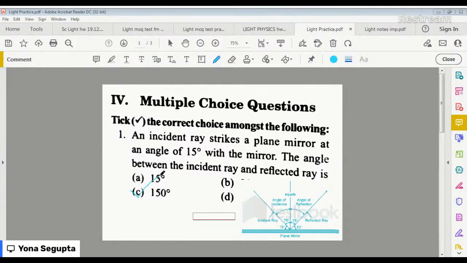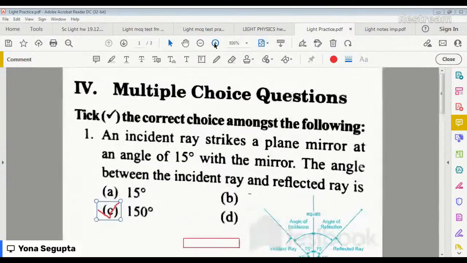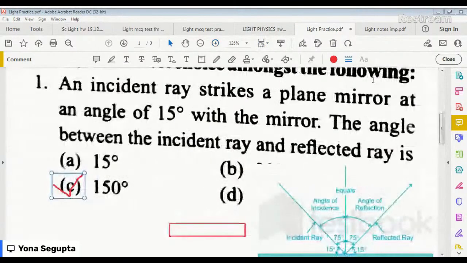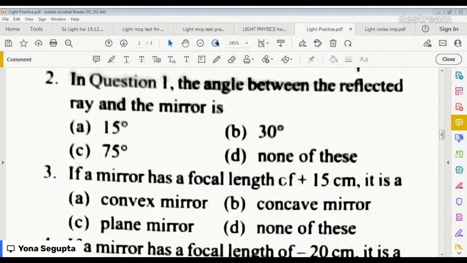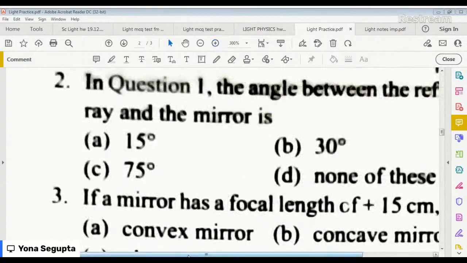So we understand, so this is the correct answer. If anybody doesn't understand, you can tell me. Okay, so done. I will just move on to the next question, which is number 2 here.